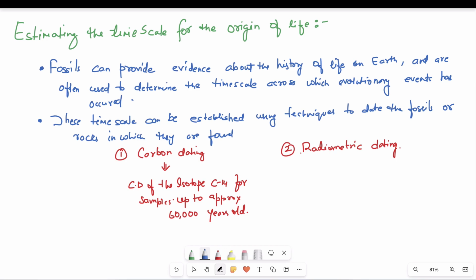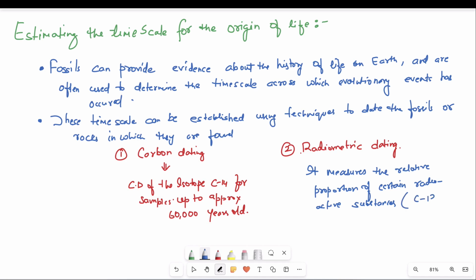When we talk about radiometric dating, it measures the relative proportion of a certain radioactive element, or radioactive substances such as carbon 13 to carbon 12, right?